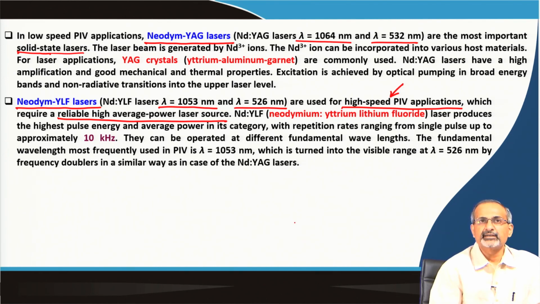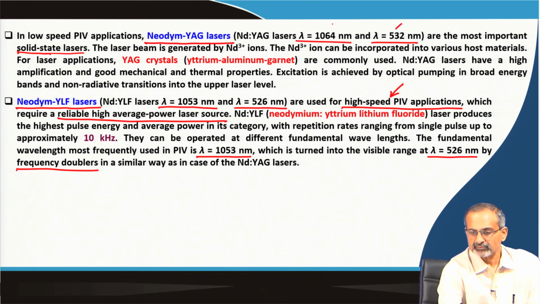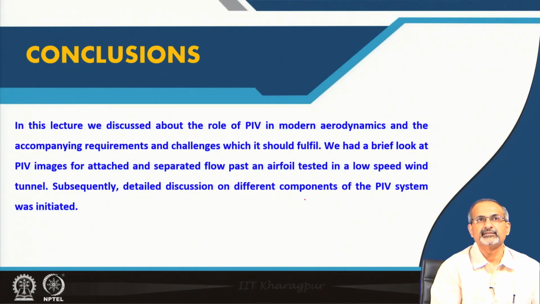They can be operated at different fundamental wavelengths. The fundamental wavelength most frequently used is 1053 nanometers, which is turned into the visible range at 526 nanometers by frequency doublers. The same principle is used even in Nd YAG lasers, where you can have 1064 and 532 nanometers. So, this was a brief about lasers that are used for PIV applications.